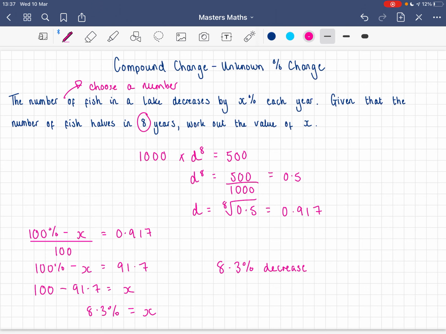Okay, and like I say, getting from the percentage multiplier back to the decrease is possibly the hardest part. And if you can just look at the multiplier and work it out from there, that's almost easier than having to reverse the formula.